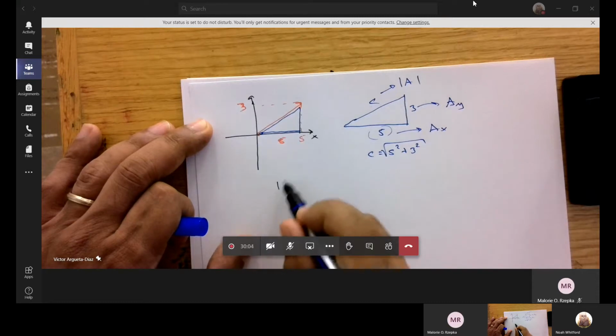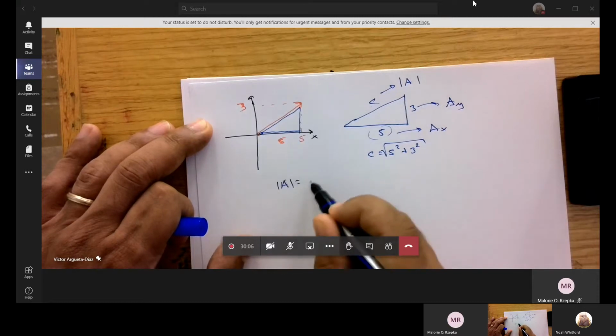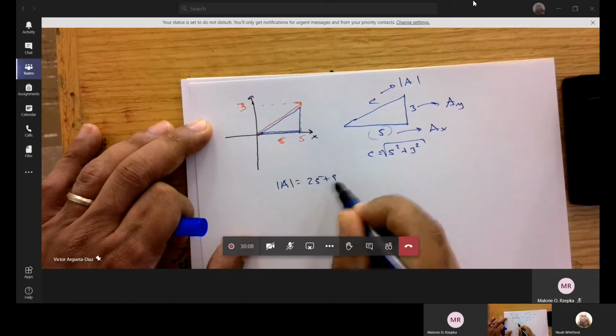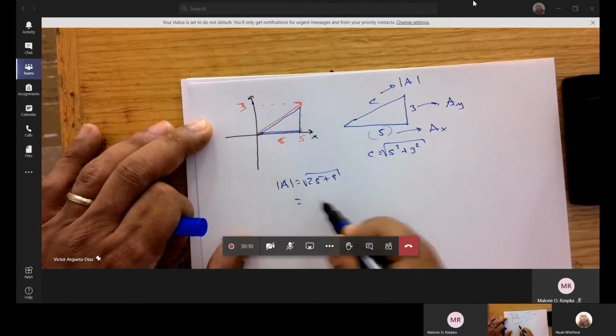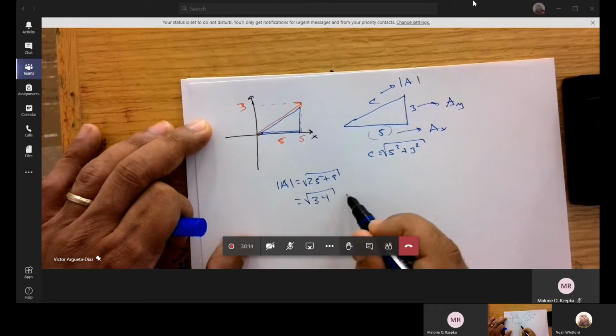Okay, so for this case, the magnitude of the vector will be the square root of 25 plus 9, that's the square root of 34. No idea how much is that.